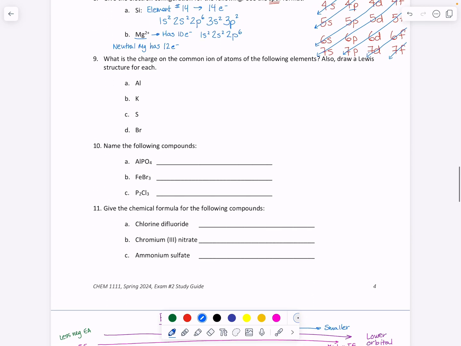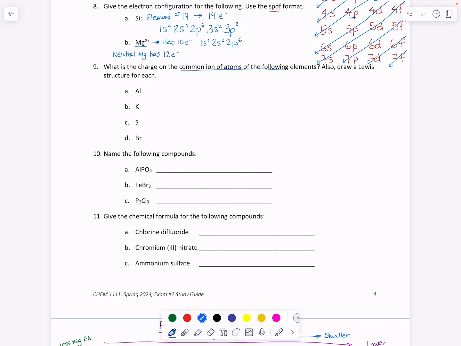Okay, so the charge on the common ion of atoms are the following elements. So just ignore the Lewis structure thing for now. We're really going to talk about Lewis structures when we talk about covalent compounds and bonding in covalent compounds more. For ions, let's just say that for a Lewis structure, you typically will draw it for silicon. It would be the element symbol in the middle, and that symbol represents the core electrons and the nucleus, and you show the valence electrons by dots around the element symbol.